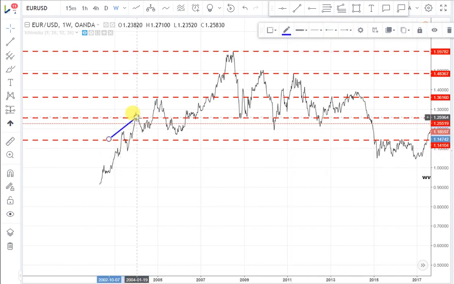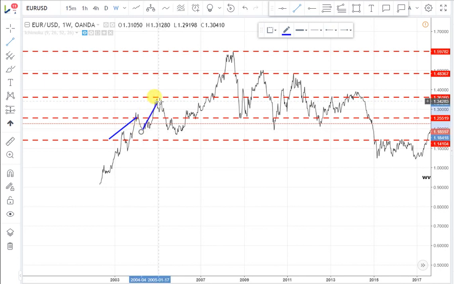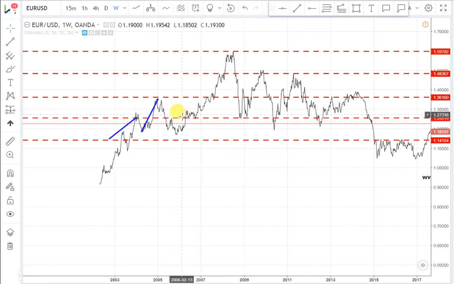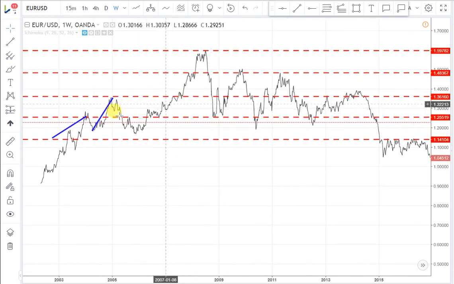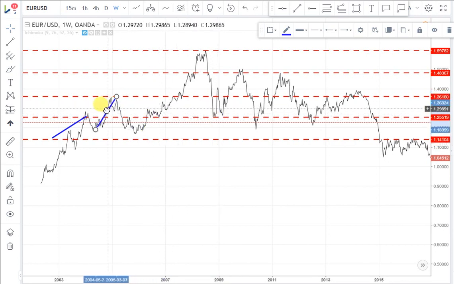So here it's hit the resistance and dropped down. Here it's broken through resistance and went to another area, and so on. Once you've broken through a resistance level, typically that level ultimately turns into a support level. Here's not really a good example. We've broken through, and then we've kind of broken back through as a support level.